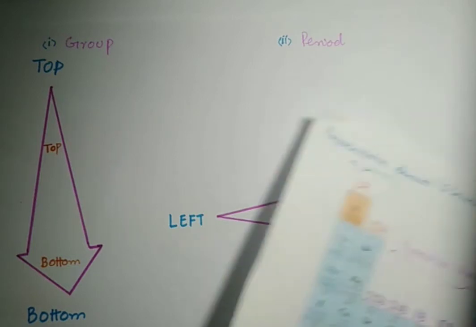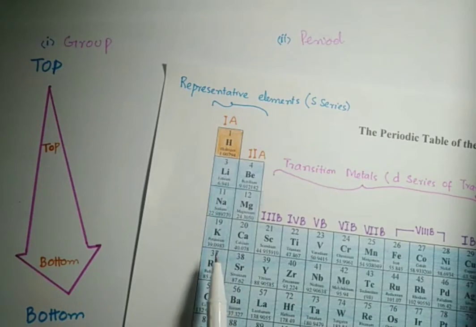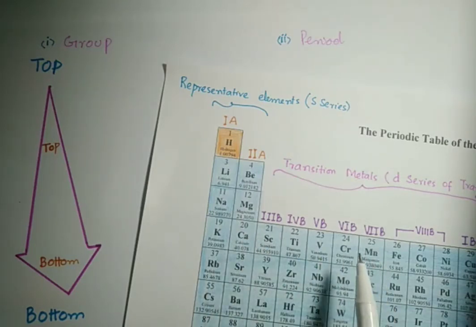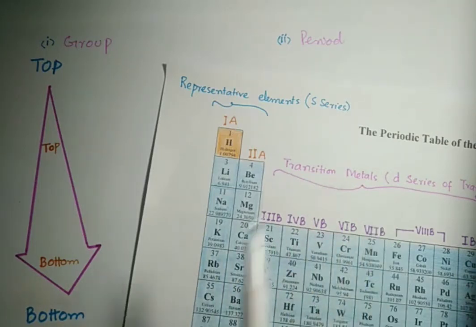What does this mean? That when we move from left to right, the shielding effect remains constant. Here it is written that the atomic number is increasing, but the shell number remains constant, and more electrons are added in the same shell. What does this mean?